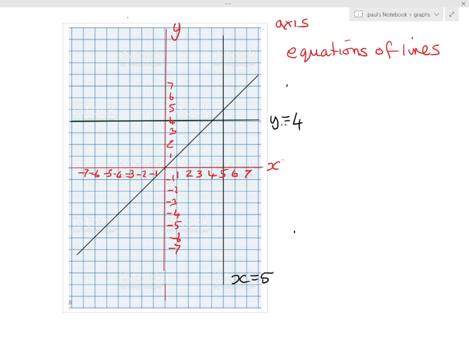Now, if we look at a point on this line, you see that x is minus 5, and y is also minus 5. If we look at that point there, we see that x is 3 and y is 3. So x and y are always the same, no matter where you are on this line. So this line is going to be x equals y.